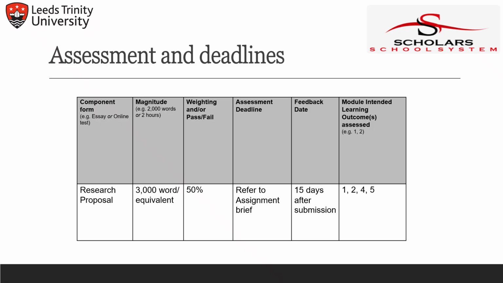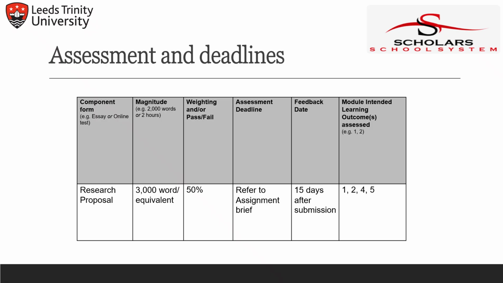This assessment is a 3000 words or equivalent research proposal. Students have to write the research proposal after finding out the research gap from previous research. The total weightage of this assessment is 50% of the whole module.